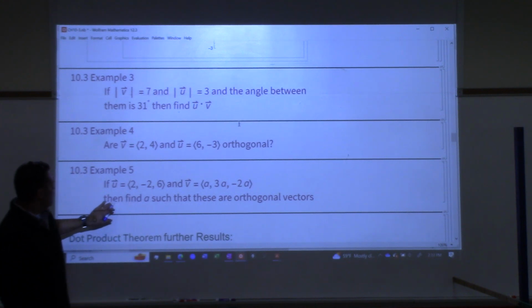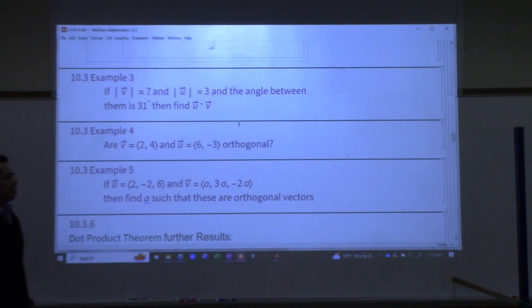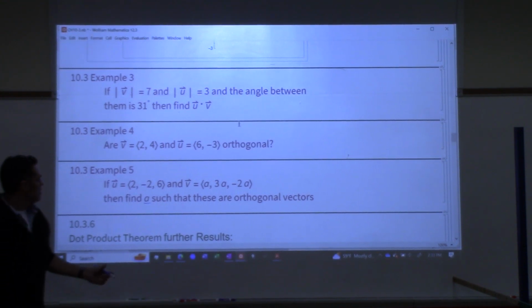Okay, so look. Here's the vector u and v. Find a such that these are orthogonal vectors. Set what equal to 0? Start doing the dot product and set it equal to 0. Yes, do the dot product, set it to 0, right? That's what you need. So do your dot product.